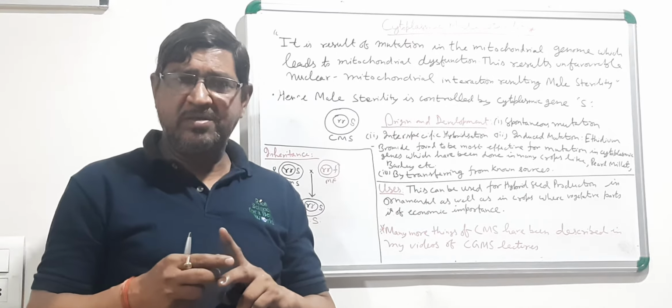Then, apart from these male sterility systems, you can use chemical hybridizing agents to create male sterility. Once you are not able to get all these, you can go for chemical hybridizing agents.